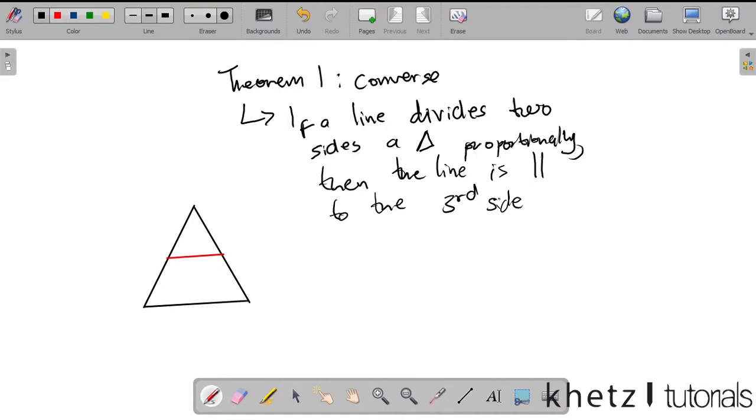So the converse of the theorem says if a line divides two sides of a triangle proportionally, then the line is parallel to the third side.